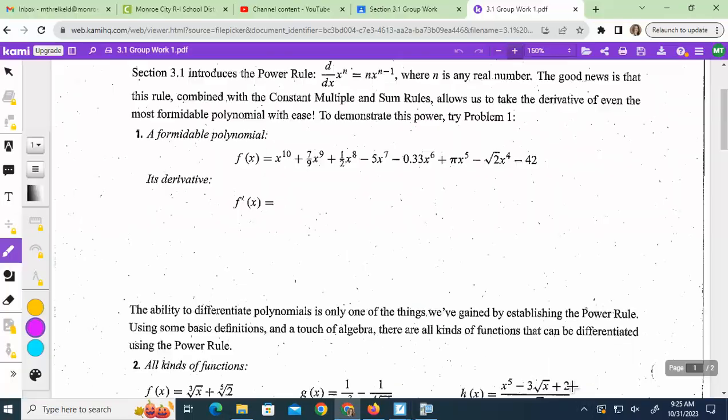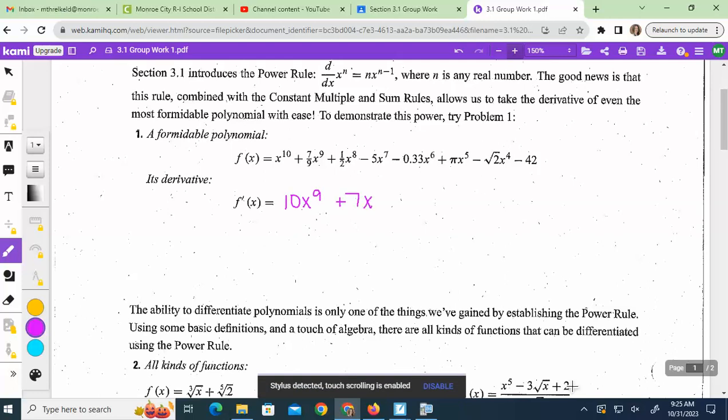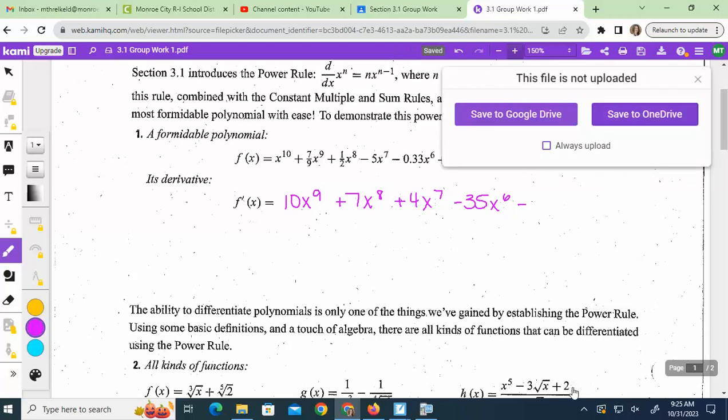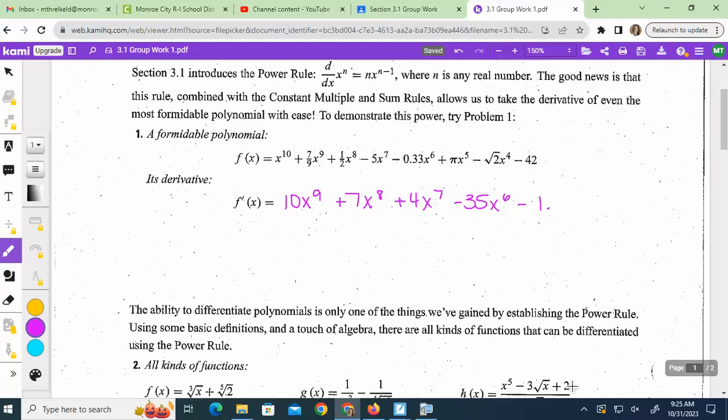First one, we're just doing our derivative, so you should get 10x to the 9th plus 7x to the 8th plus 4x to the 7th minus 35x to the 6th minus 0.33 times 6, 1.98x to the 5th plus 5 pi x to the 4th minus 4 radical 2 x to the 3rd, and the constant goes away.